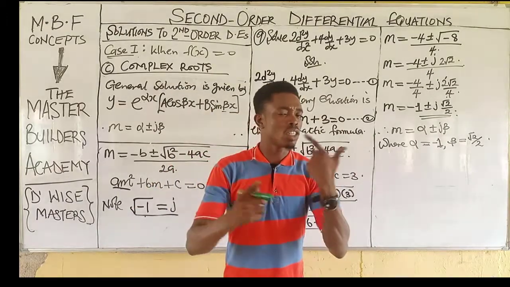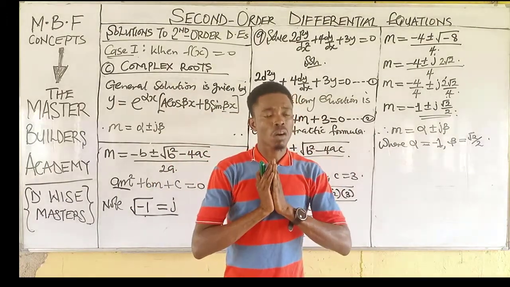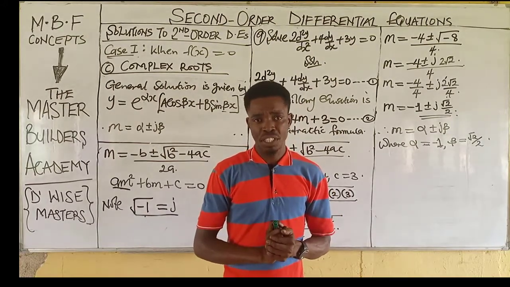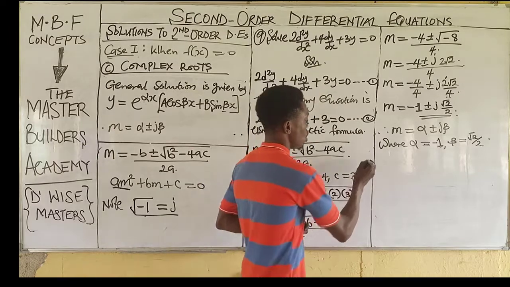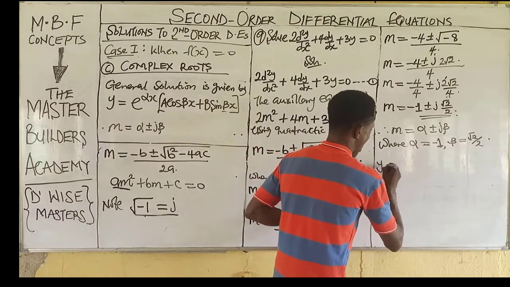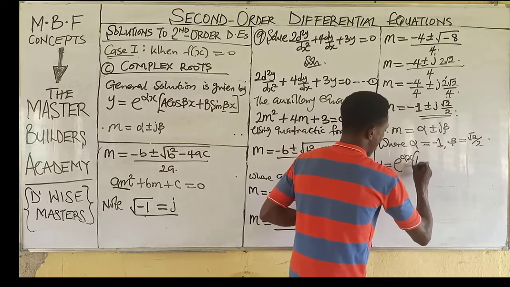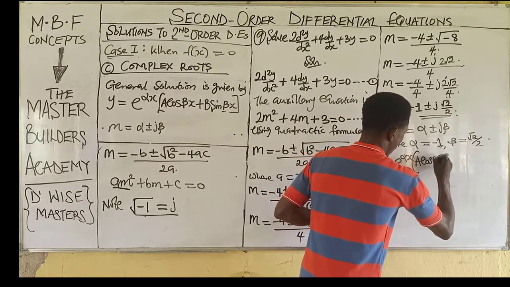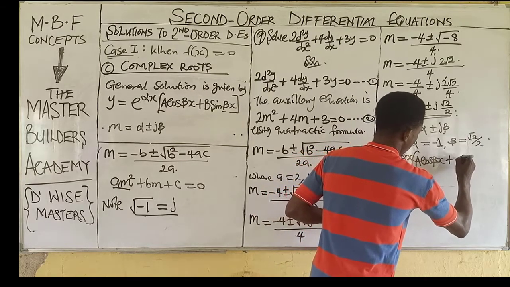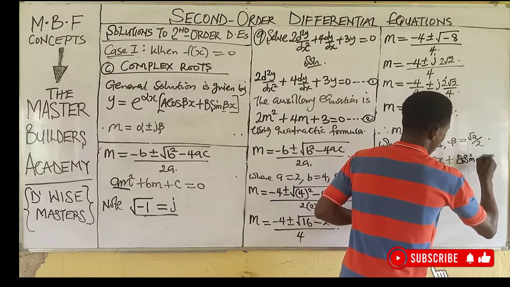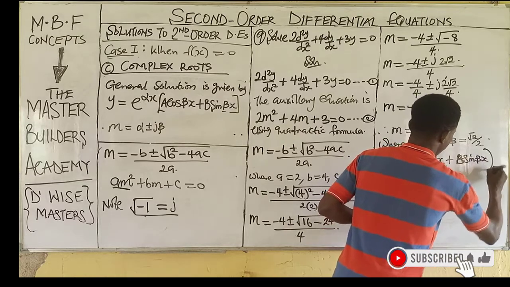We quickly recall the equation for complex roots, which is the general solution to the second order differential equation. And that equation is given as y is equivalent to exponential alpha x, open bracket, a cos beta x plus b sine beta x.